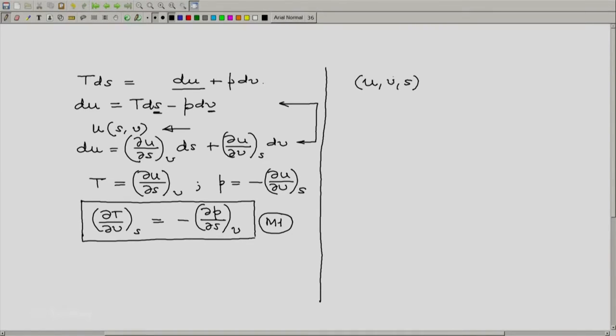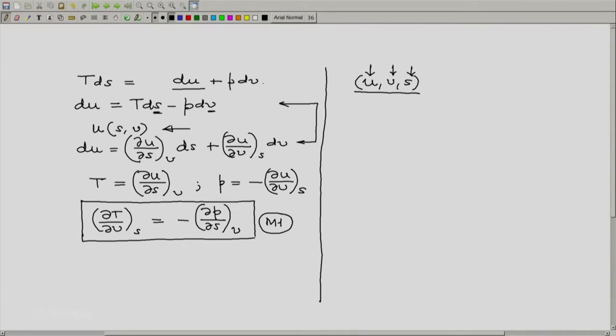So v is a very natural variable. The first law provides a property E or U in this particular case, and the second law provides a property S. So you can say that this triad is a basic thermodynamic property triad.